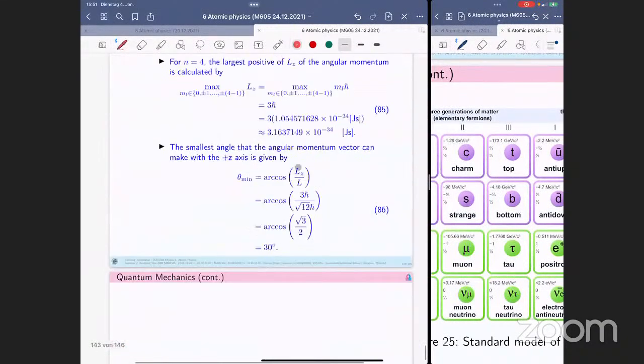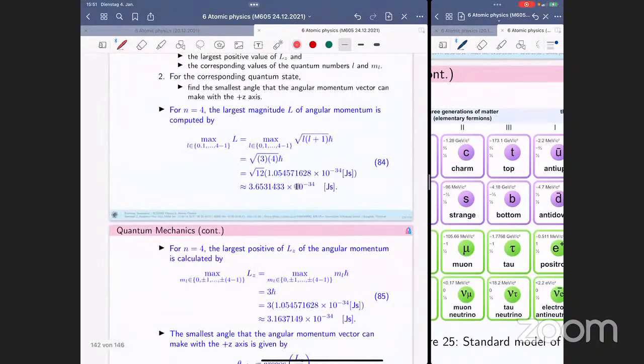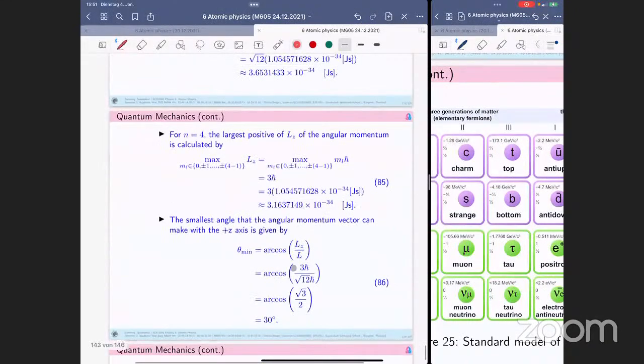So cosine theta min is Lz by L, which is 3h slash divided by square root 12 h slash. The denominator is the maximum one, and the numerator is also the maximum one. We get cosine theta equal to square root 3 over 2, which corresponds to 30 degrees.